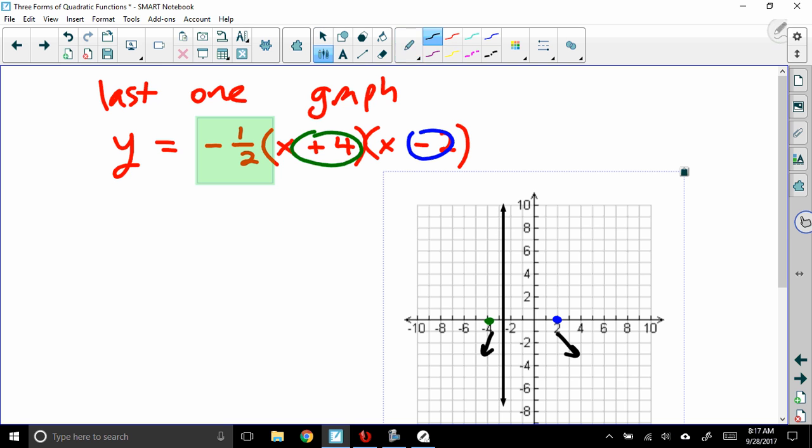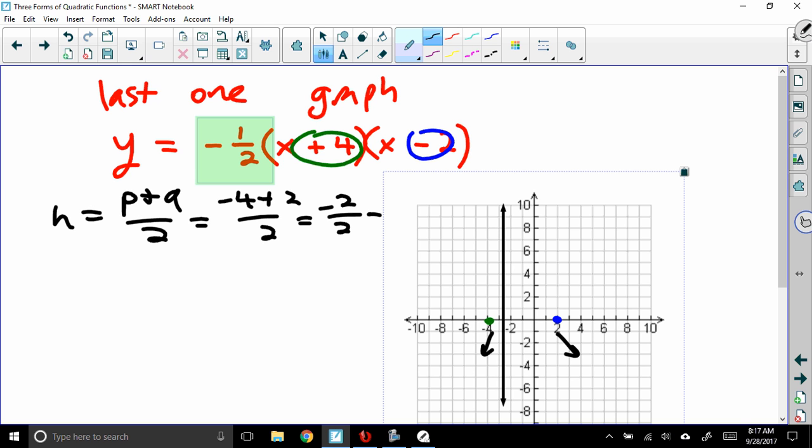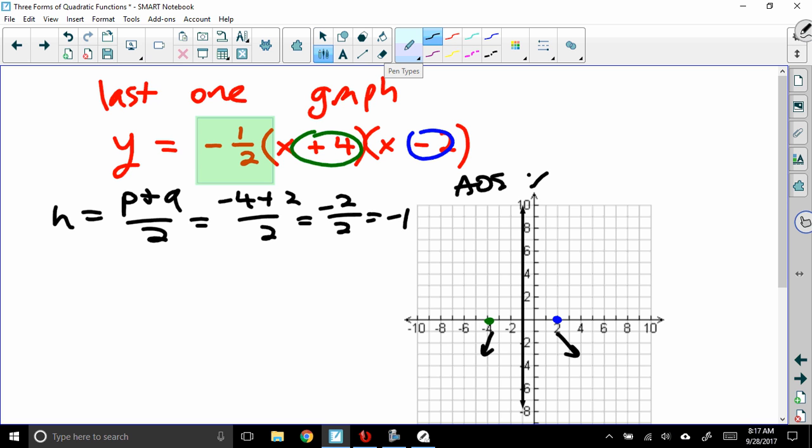So what we could say is h is the average of p and q. So that'd be -4 plus 2 over 2, which would be -2 over 2, or -1. So our axis of symmetry is x equals -1.